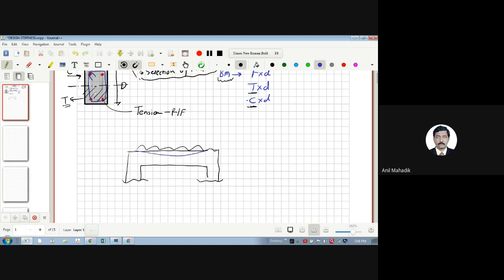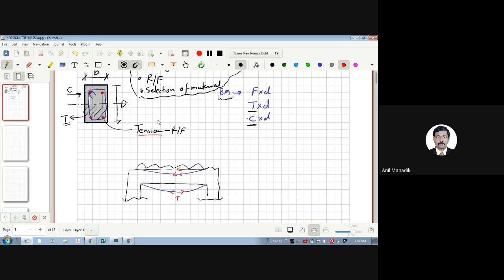Let's say this is simply supported. So there will be tension at the bottom, and compression at the top. As the bottom zone is in tension, we provide tension reinforcement. For the top zone, as it is in compression, we provide the concrete. And these two bars we provide additionally just to hold the stirrups. Generally we don't take this part into consideration for compression. We ignore it for compression.